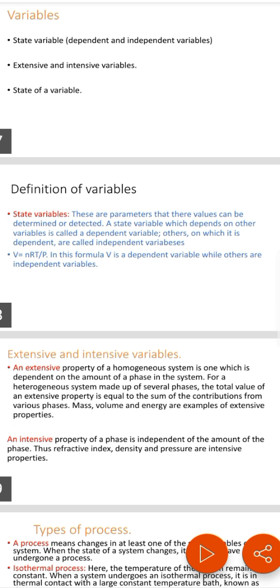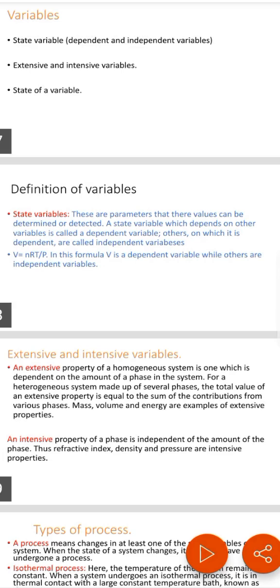They are the parameters that we use to represent the systems, for instance temperature, pressure, volume, heat, and internal energy. We use Q for quantity of heat, P for pressure, T for temperature. All those are variables whose values we can determine in calculation. So that's what we call state variables.